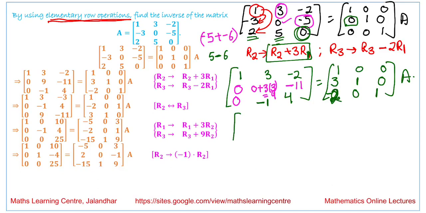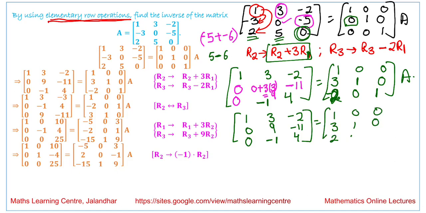So the matrix we have obtained is [1 3 -2; 0 0 9; ...] with 9, minus 1, minus 11 and 4, that is equal to [1 0 0; 3 1 0; 2 0 1] into A.